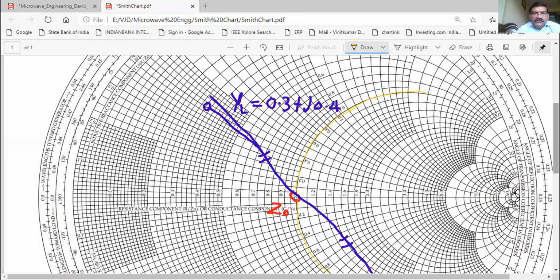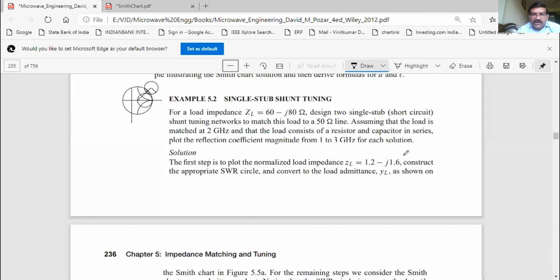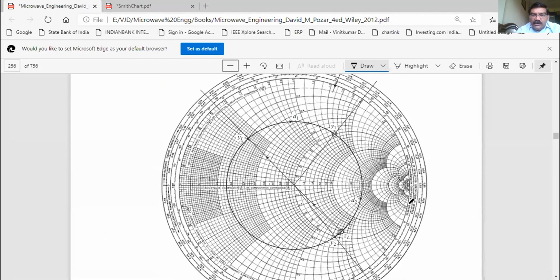I'll just switch over to this. Here is the circle I mean.